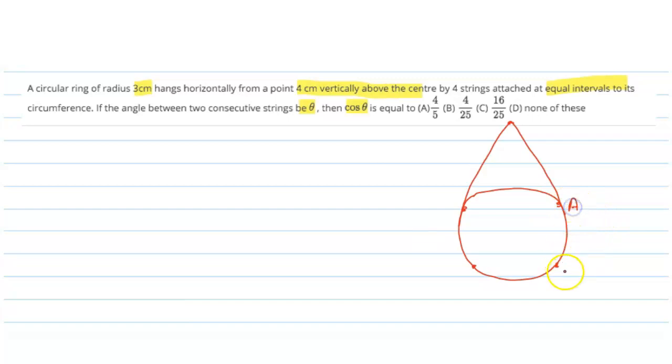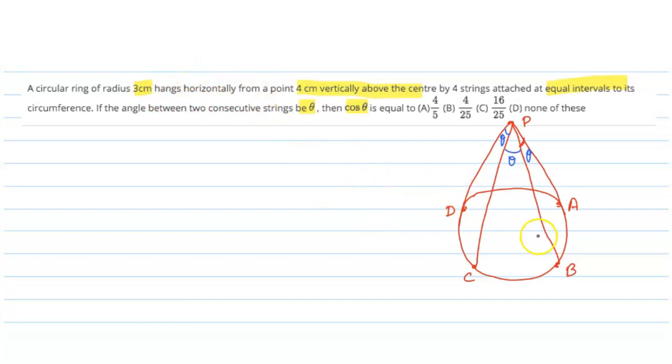Let the points be A, B, C and D, and this point is P. So arc AB is equal to arc BC equals to arc CD, which is equal to arc AD. Then the angle between two strings is theta. Angle between the strings is theta. It is given.